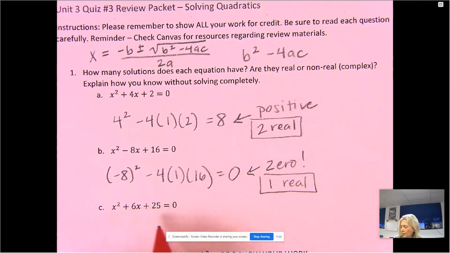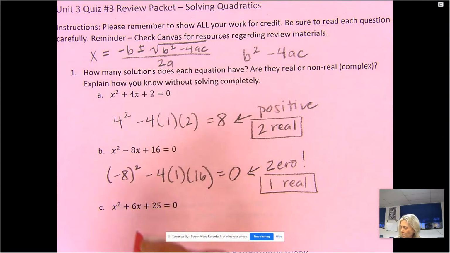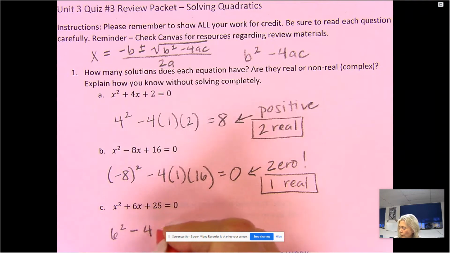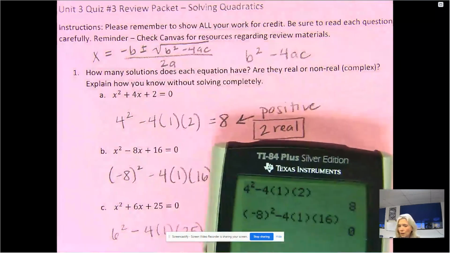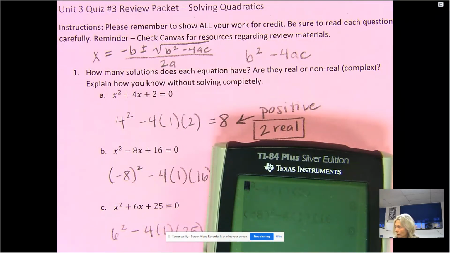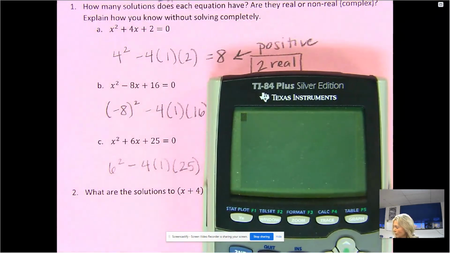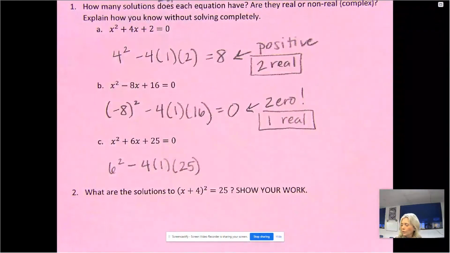And then finally, on our last one, b is 6. So we have 6 squared minus a is 1, c is 25. So 1 times 25. Okay, so 6 squared minus 4 times 1 times 25 is negative 64.